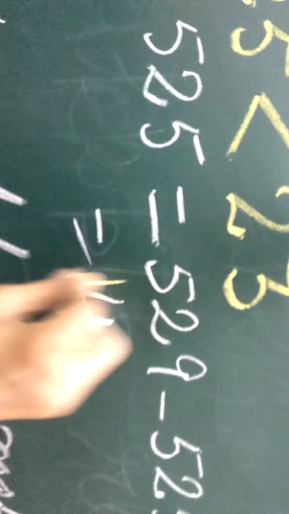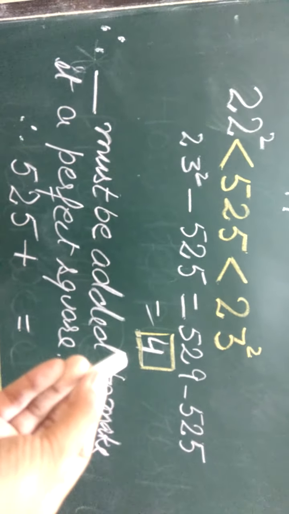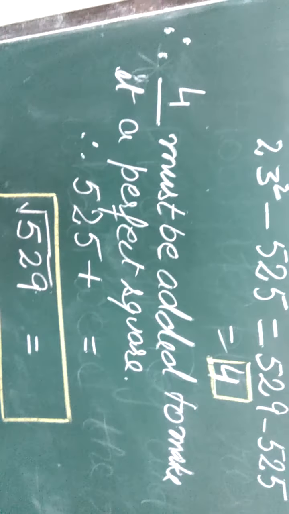When we subtract these two, we'll get 4. So this is the number which when added to the given number will give the perfect square. So what do we write? Therefore 4 must be added to make the given number a perfect square.